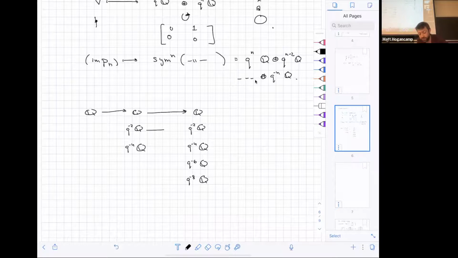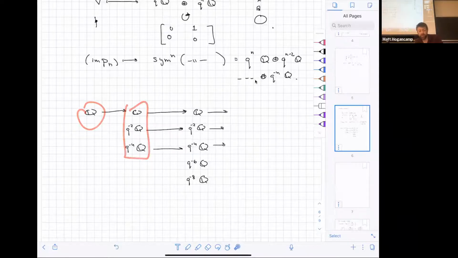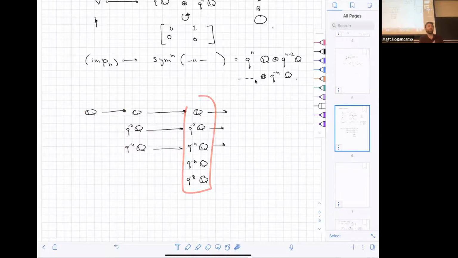But what happens is your directed system is just so this guy really includes in the next one over, and that includes in the next one over. And the colimit is really like this union.